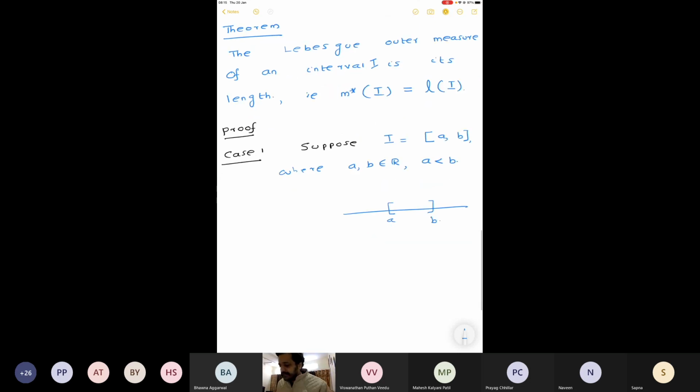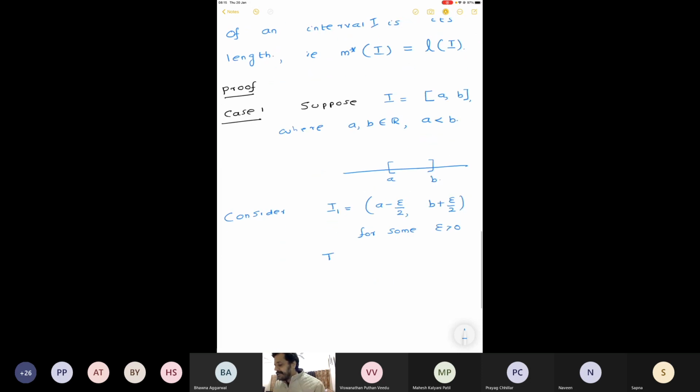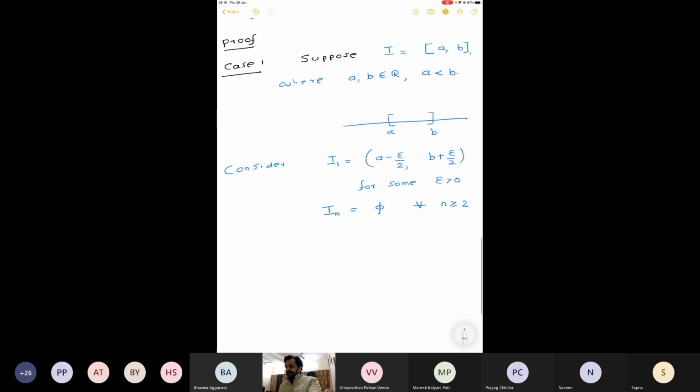Okay. Consider I1 equal to, let us say, (A minus epsilon by 2, B plus epsilon by 2) for some epsilon greater than 0. I1 is that, and In is the null set for all n greater than or equal to 2.